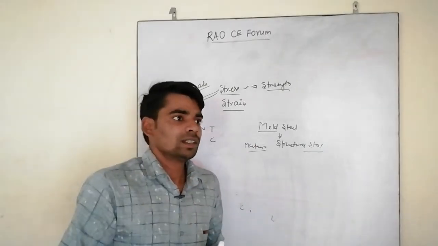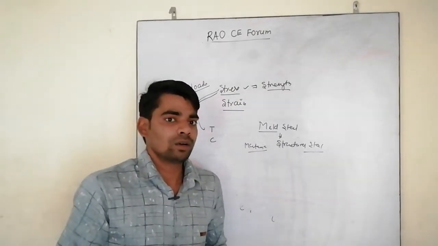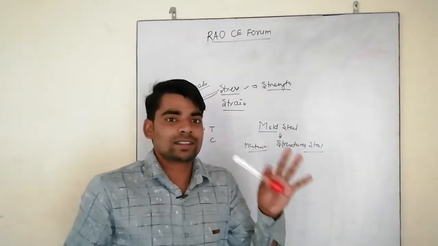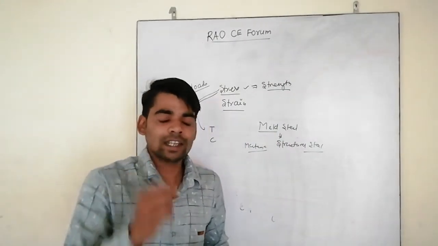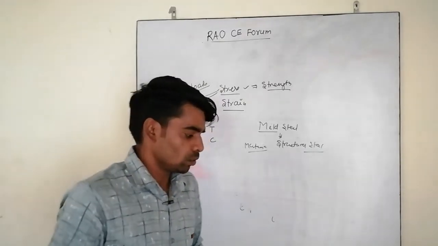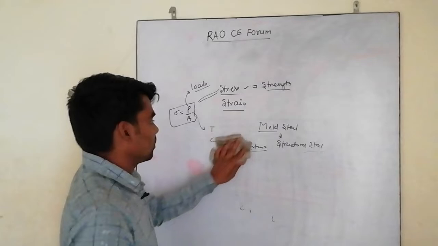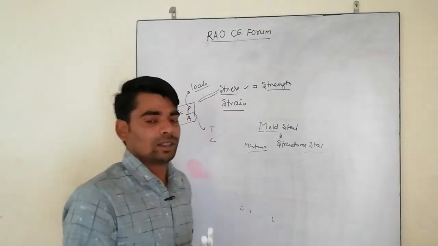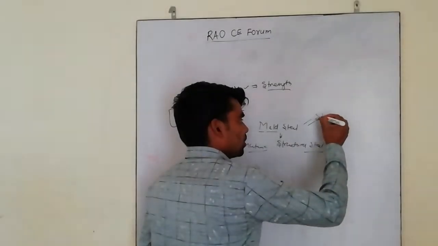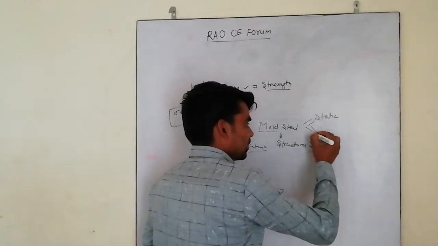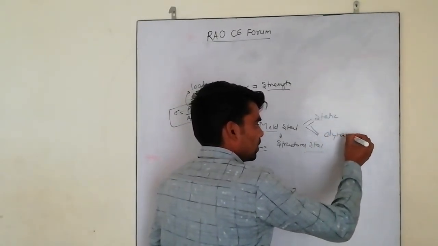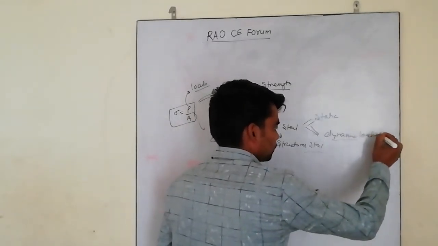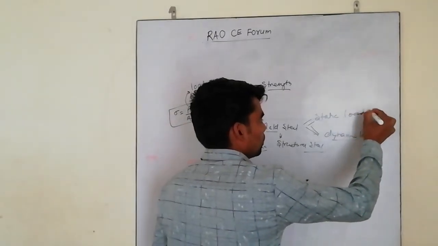Friends, we should conduct a test on a material, whether it is ductile or brittle. Brittle material is tested in compression test and ductile material is tested in tension test. So in mild steel we test for static loading, and next, dynamic loading.